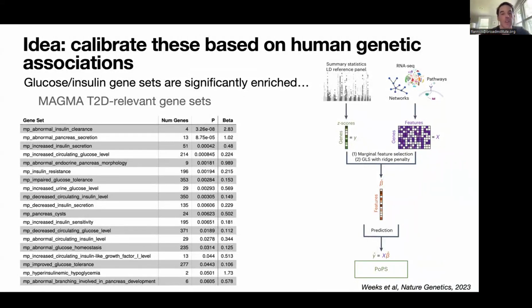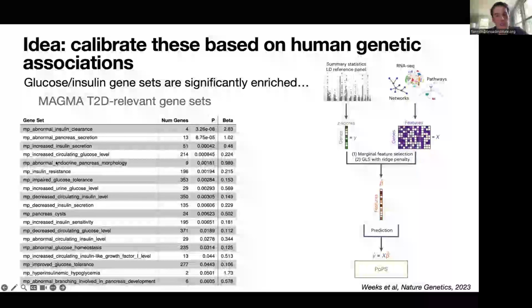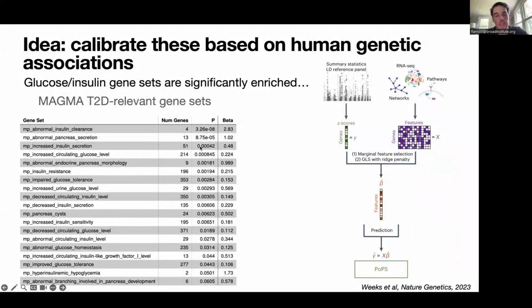And then I'm showing here on the left, the p-values are kind of what these enrichments produce. And I'm just showing some positive controls, all these mouse gene sets involved in insulin and glucose, which are obviously relevant traits for diabetes. And you can see that the p-values are significant, which indicates that there's information in these enrichments to help prioritize these gene sets.